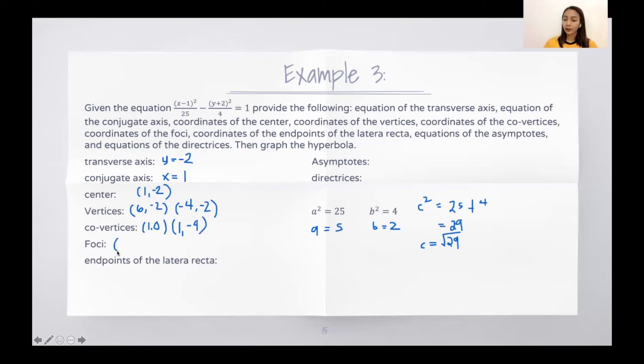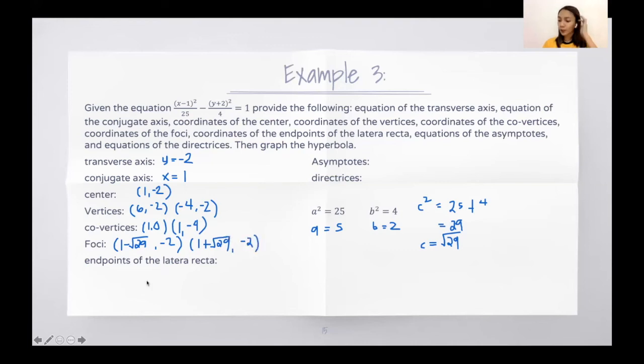To find the coordinates of the foci, we have 1 minus the square root of 29 and negative 2 and 1 plus the square root of 29 and negative 2 pa rin.